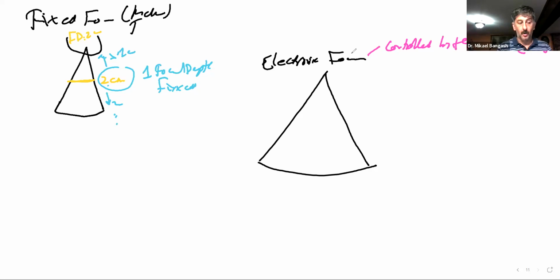But who determines how we want the system to work? That would be us. We just pass a command and the system will work accordingly and do what we want it to do. And what is it that we want it to do? We can say we would like you to change the focal depth.